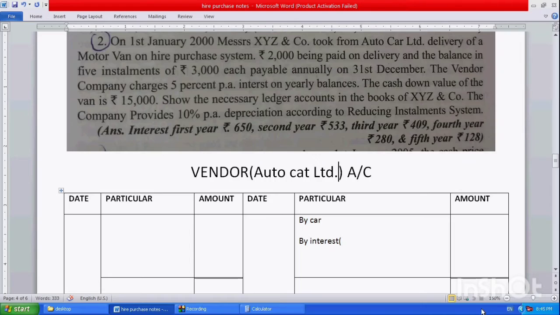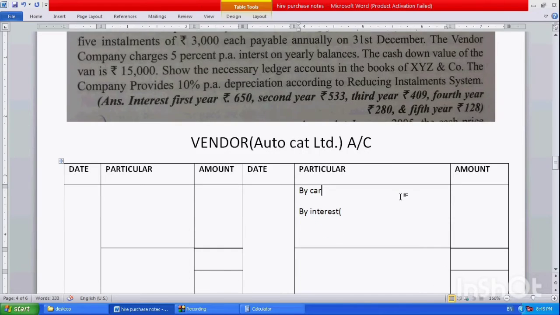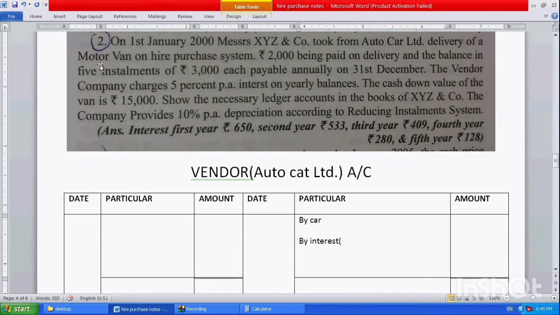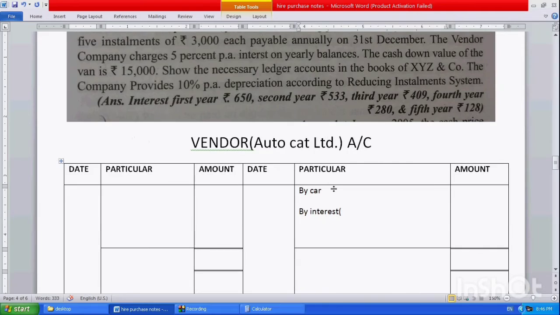Let's start the vendor account. So first start vendor account by here. By van, the value of the van is 15,000, and first year interest is 5%.